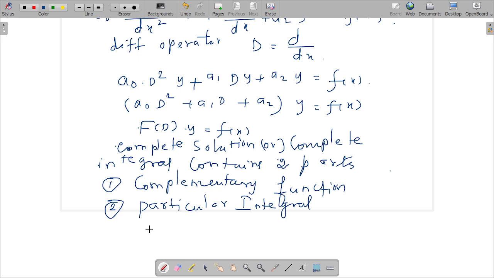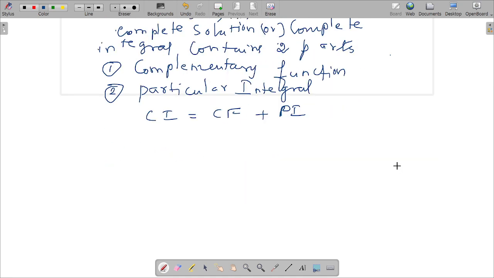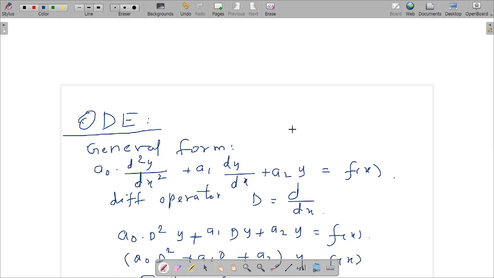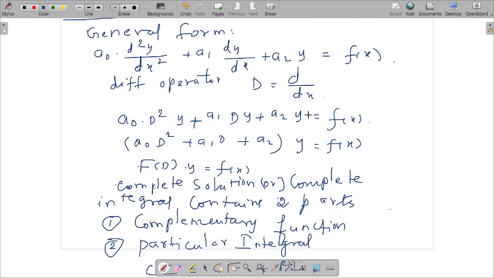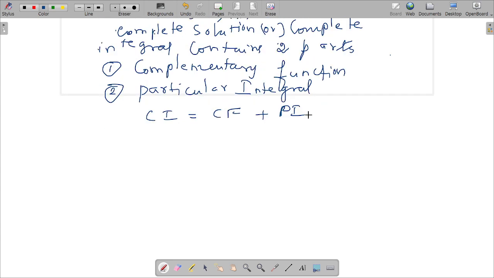Generally, the complete integral can be written as CI equal to CF plus PI. So how do we find the complementary function and particular integral for the differential equation? Just listen first; once we start the problem, then you can write it down.